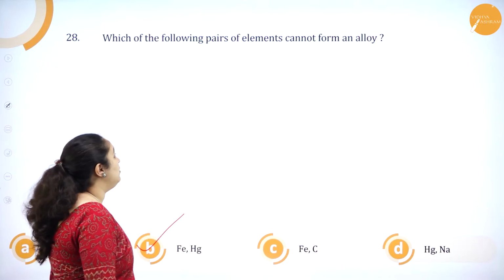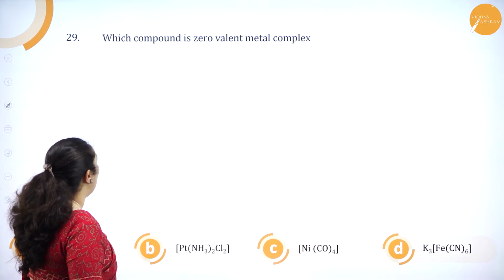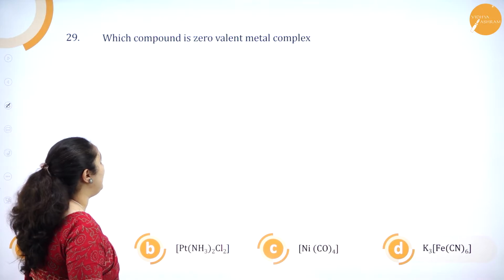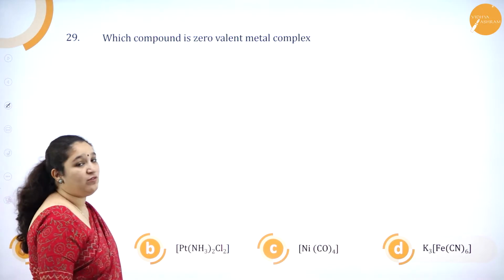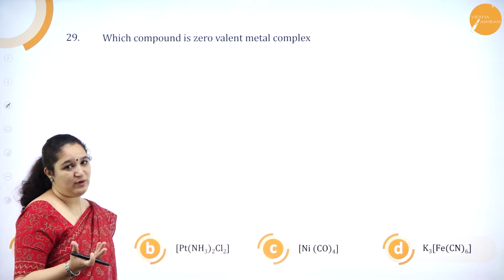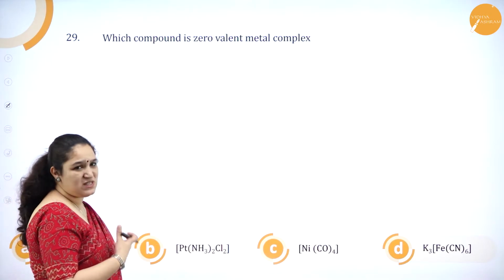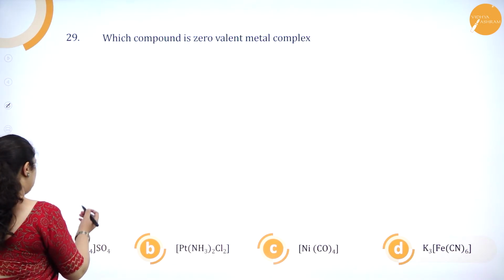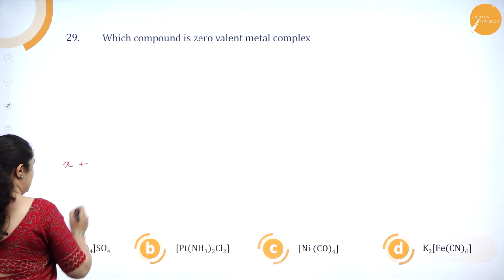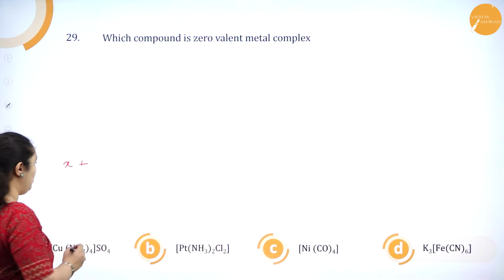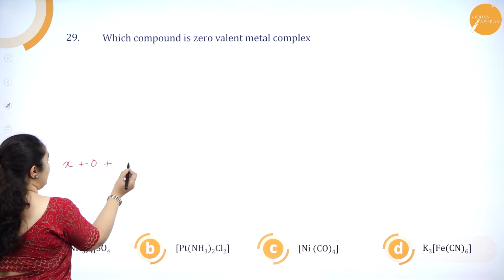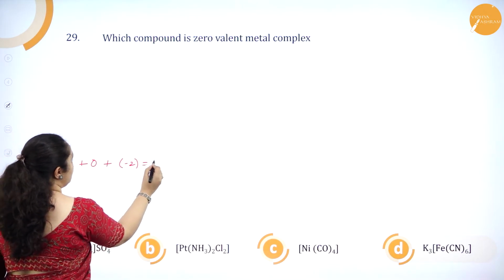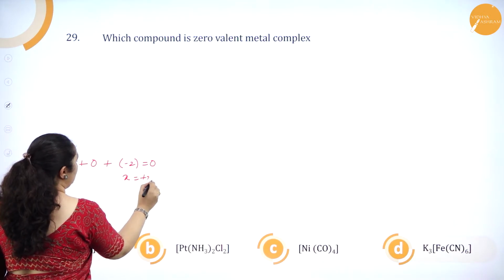Okay. So, next one is, which compound is a zero valent metal complex? Valency of the metal is 0, we have to calculate and see. So, instead of just reading the options, we shall calculate it directly. First one we will see, X plus NH3, it is 0, correct? And sulfate, it is -2, so X is equal to +2.